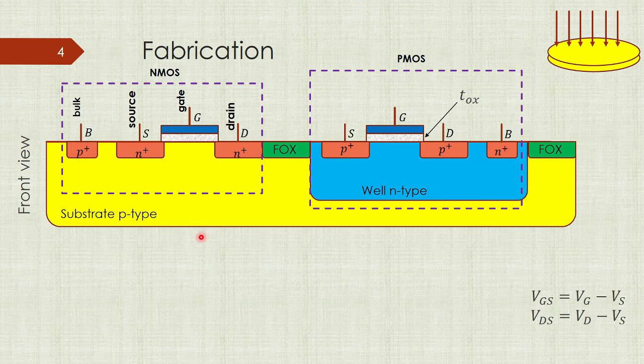For the fabrication process, we start with a silicon die, and we dope this silicon with atoms so that we can generate a p-type semiconductor.